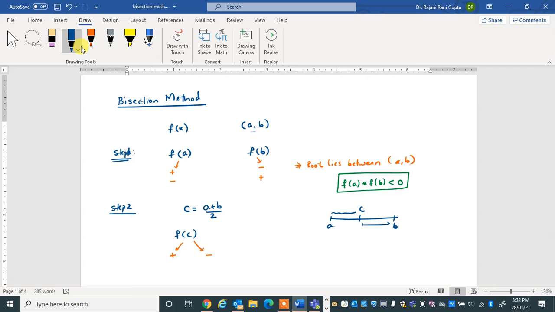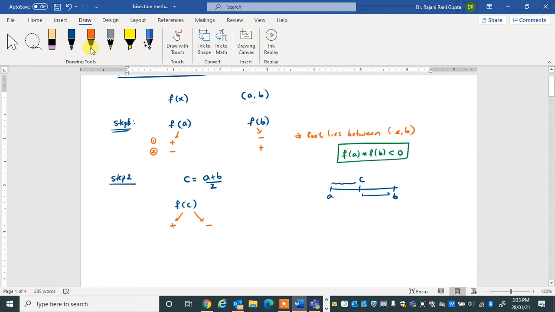Suppose the sign of the function at c comes out positive, and consider case 1, where f(a) is positive and f(b) is negative. In this case, we say that the root lies between the interval bc.